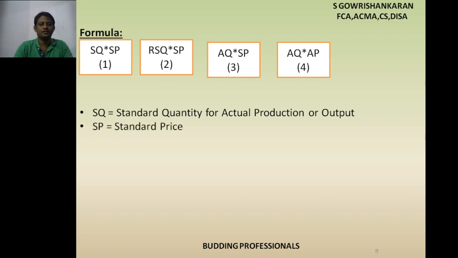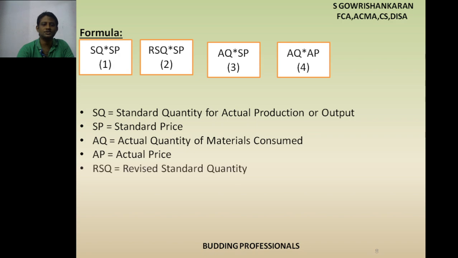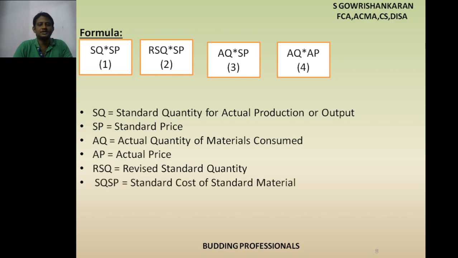SP, standard price. Then AQ, actual quantity of material consumed. Then AP, actual price. Then RSQ, revised standard quantity. Then SQ into SP equal to standard cost of standard material.